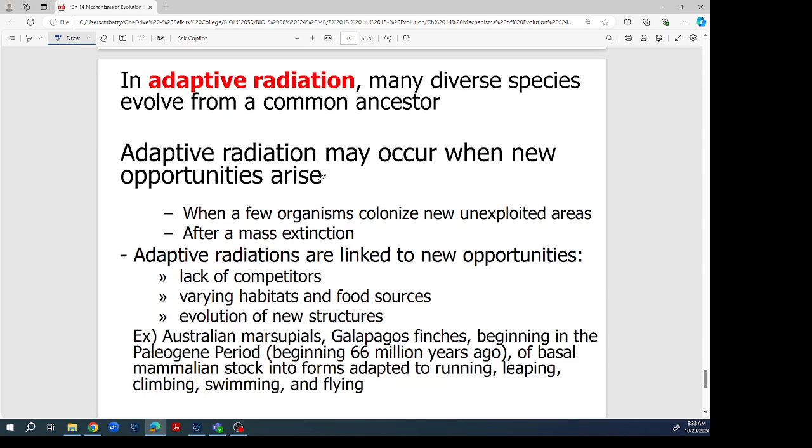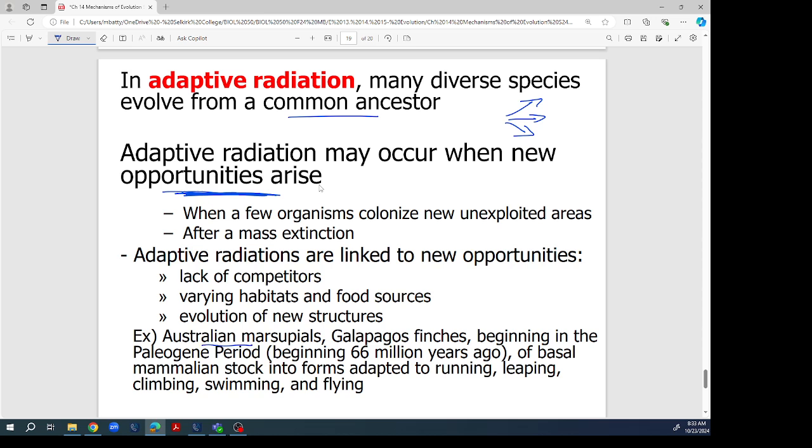Adaptive radiation is what can happen when these new opportunities arise. You could have a common ancestor and really new things evolve from that. That could be the number of marsupials in Australia. It could be the number of mammals that came after the dinosaurs.